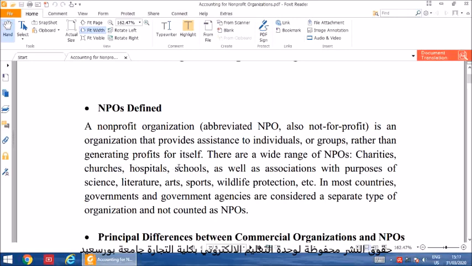Generating profits for itself is related to commercial organizations, private organizations, which aim to achieve a profit.